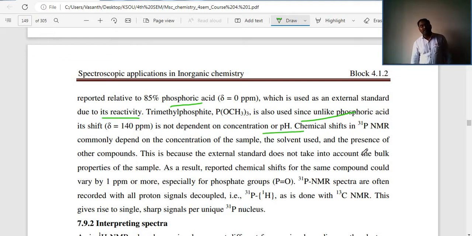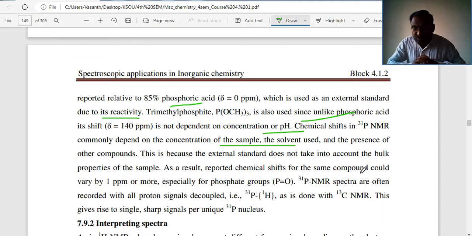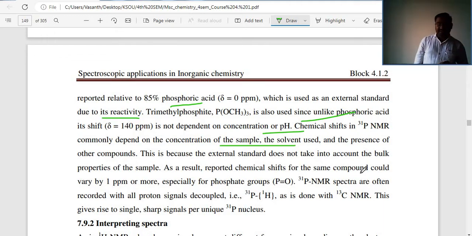The chemical shift in phosphorus and proton commonly depends on the concentration of the sample, the solvent used, and the presence of other compounds. This is because the external standard does not take into account the bulk properties of the sample.